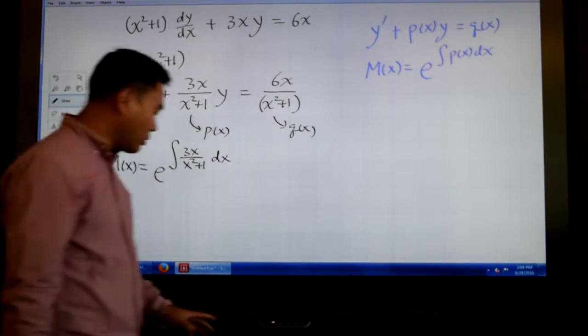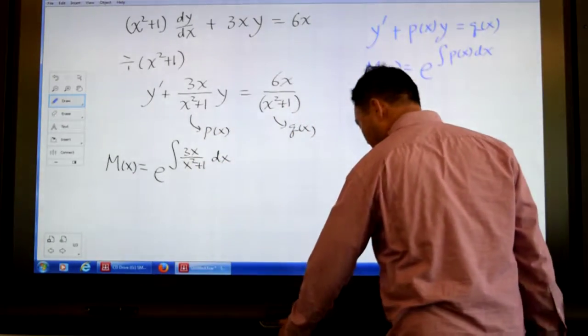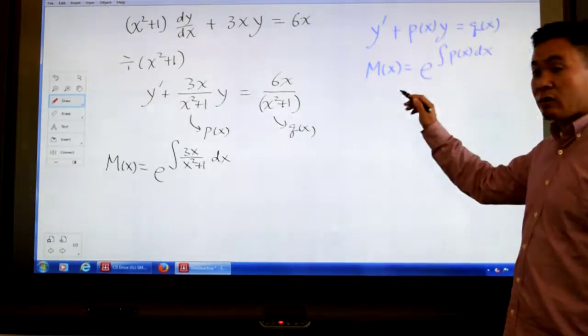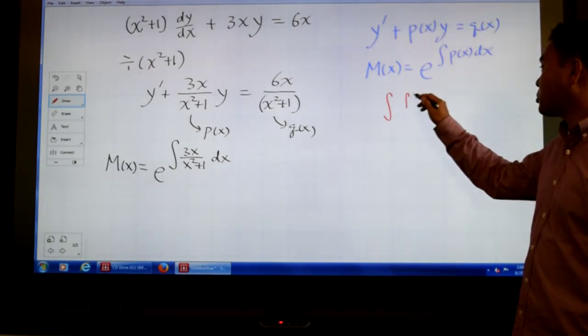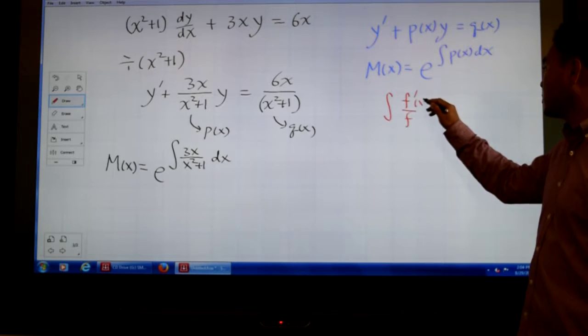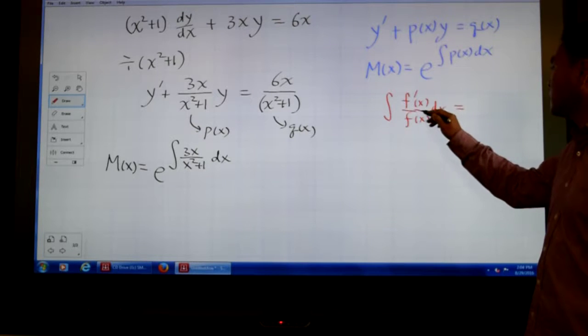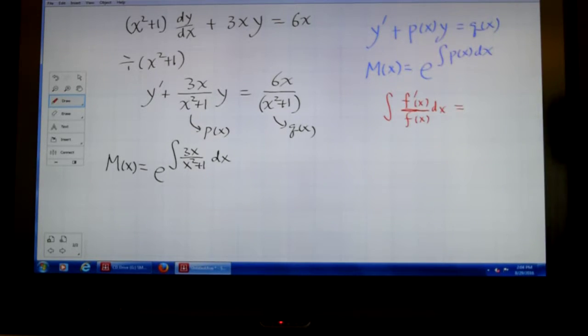And in order to integrate this, it's very useful to know the following integration formula, which is integral of f prime over f dx is... Does anyone know the formula for this? ln of x? Now, ln of the denominator, right? It's the ln of the denominator.